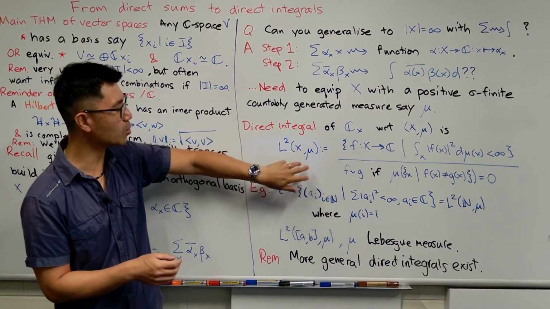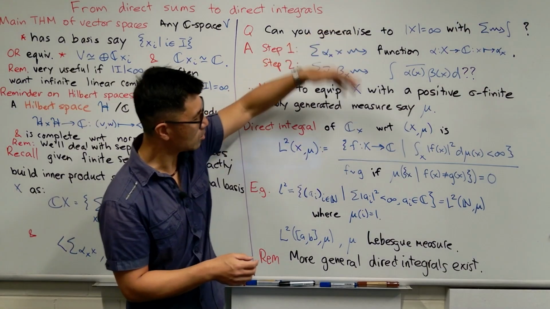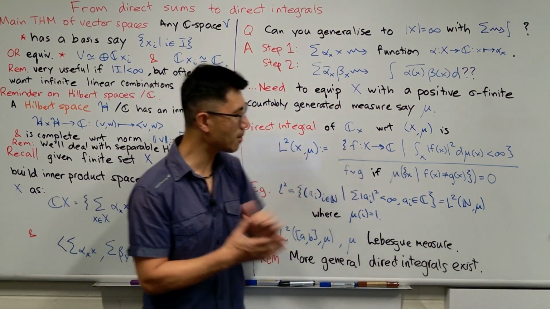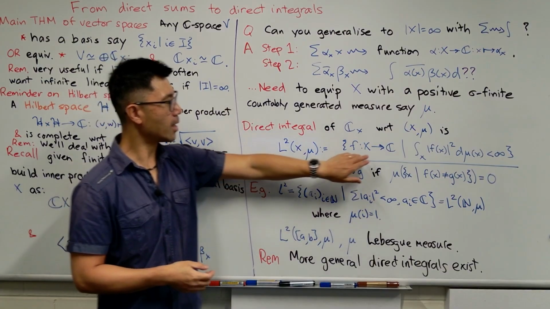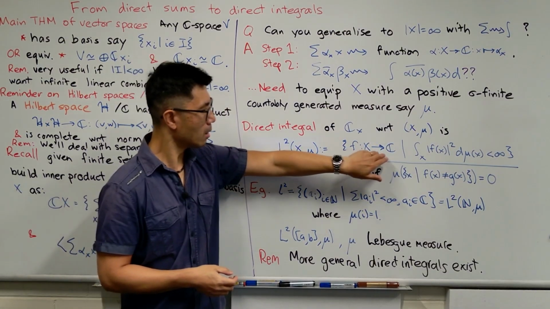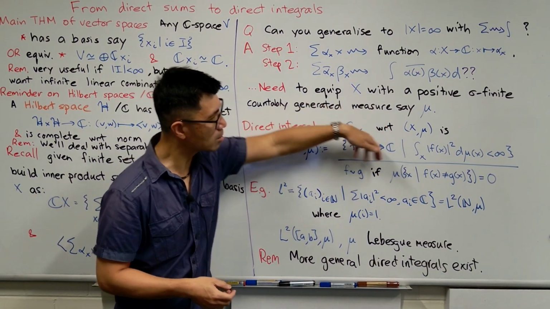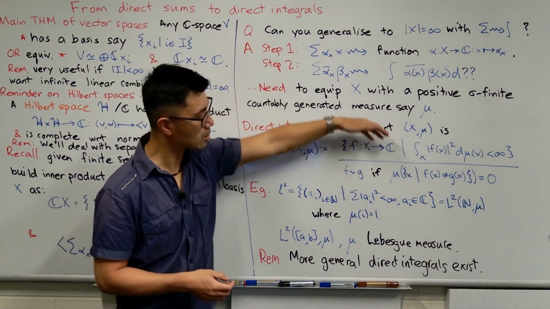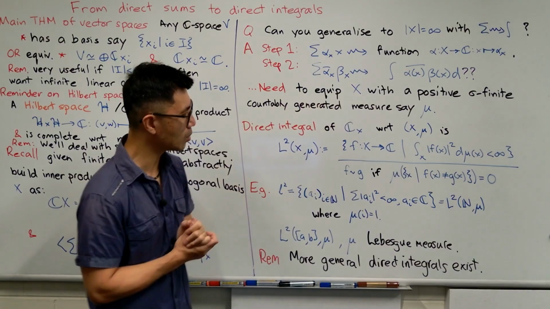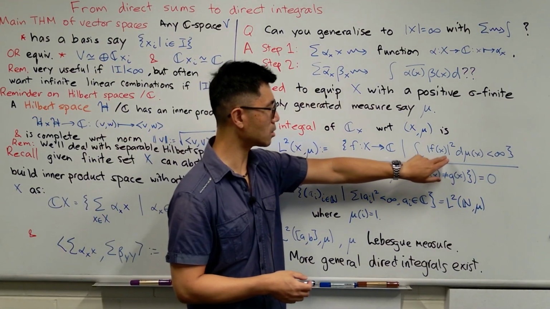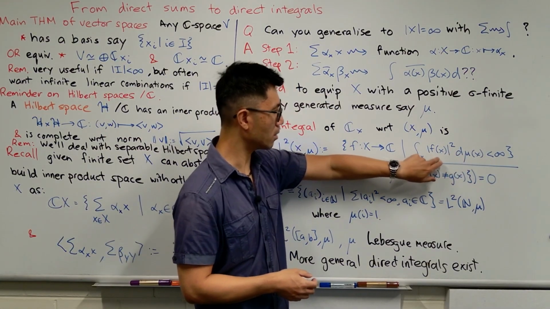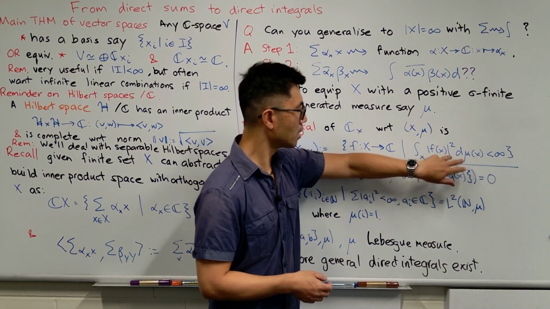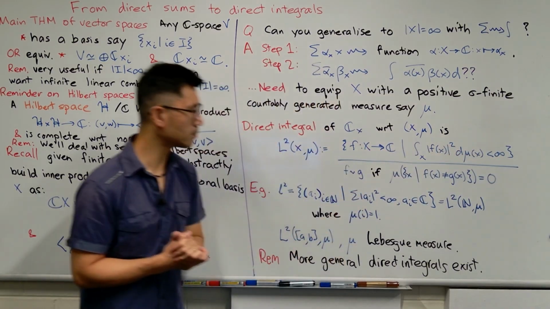Okay, so just to remind you what this is, firstly, you start with a function f from X to C. And it has to satisfy a certain condition, so that you can talk about norms, and so its values aren't too large. So you want the integral of the modulus squared of f(x) to be finite.